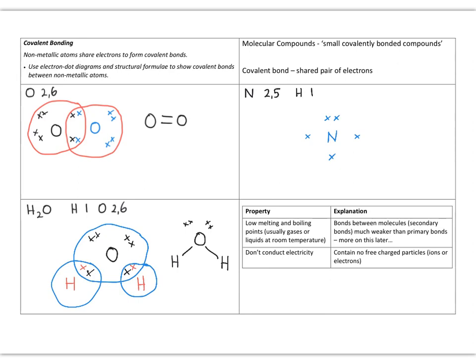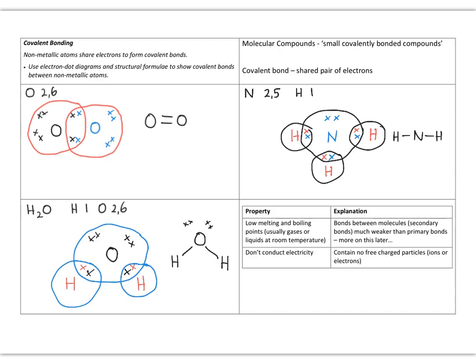If hydrogen comes along, hopefully you go, well, each hydrogen can only give it 1, so we're probably going to need 3 hydrogens. Now each hydrogen thinks it's got 2, so they're all happy. This nitrogen in the middle now thinks it's got 8, so it's happy. And we can write that structural formula, N.